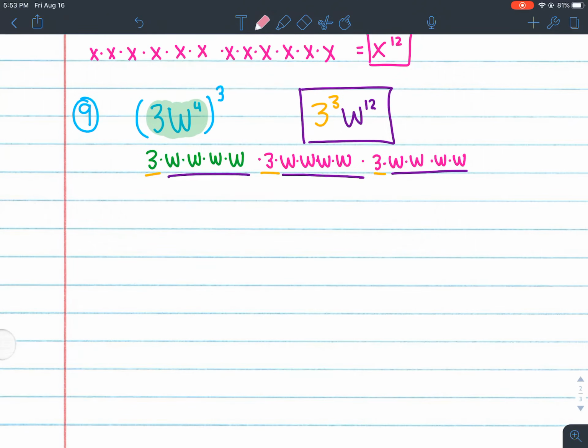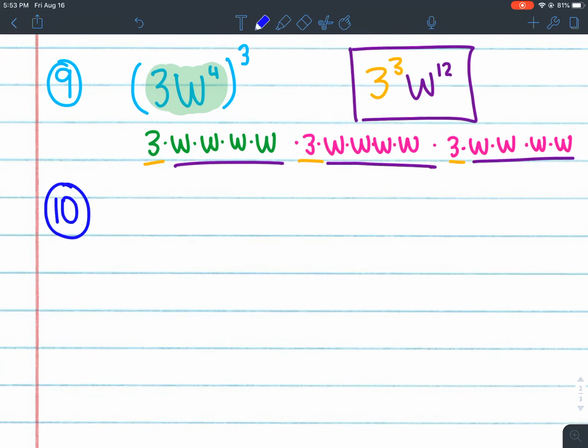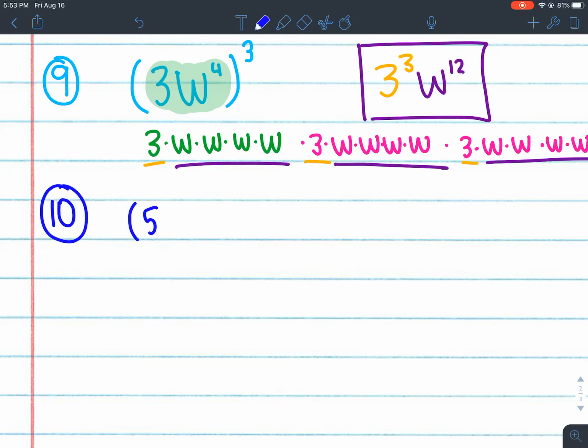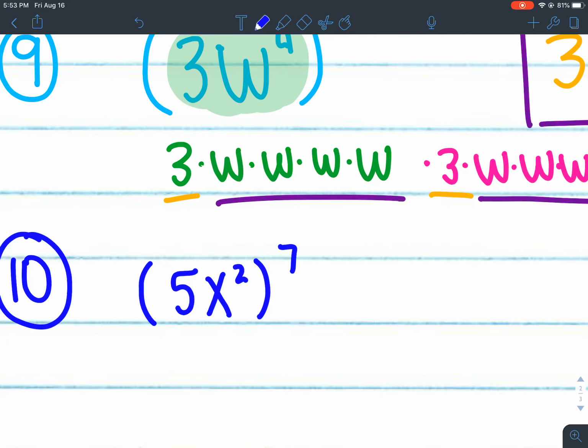So let's try an example very similar to this one, number 10. So if I have 5w squared, let's not do w, let's do something else. 5x squared to the 7th. So let's try this trick here real quick, right? So we learned earlier if we have parentheses and another exponent on the outside, we're going to multiply.